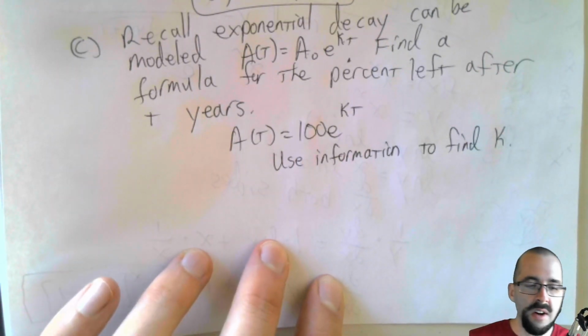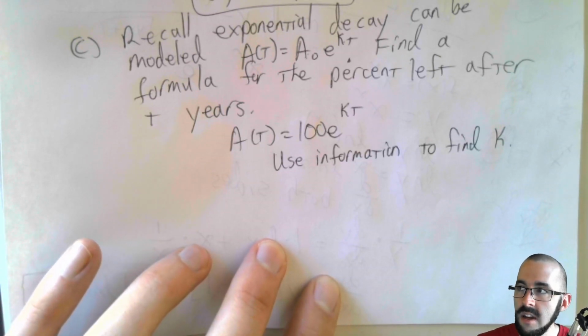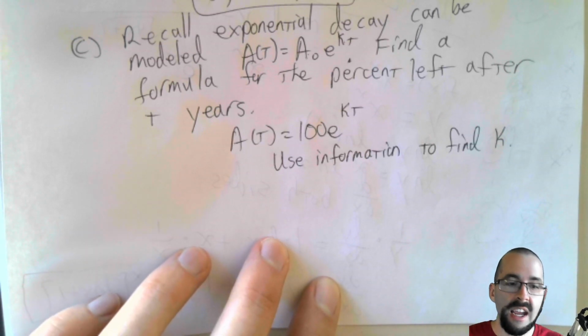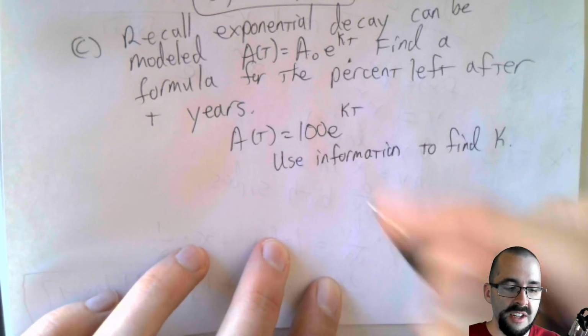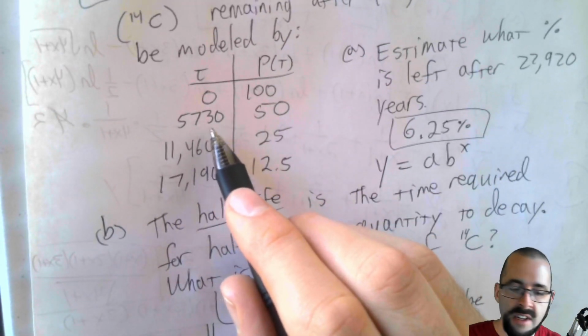We're going to use given information to find k. So what are some things that we know? We know the half-life is 5,730 years, which means every 5,730 years, half of it's decayed. So specifically, we know that when t is 5730, A is 50.